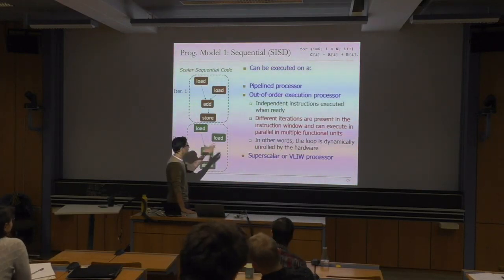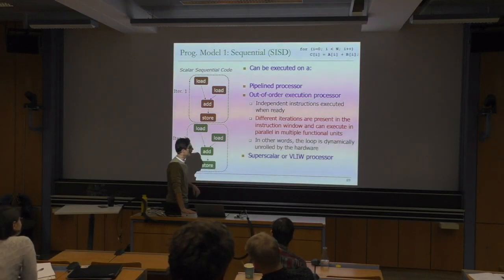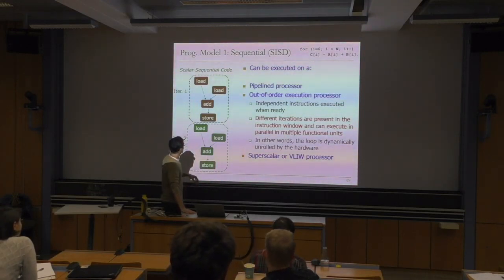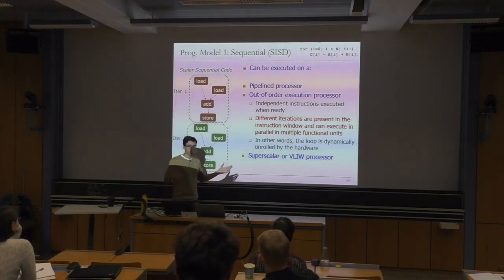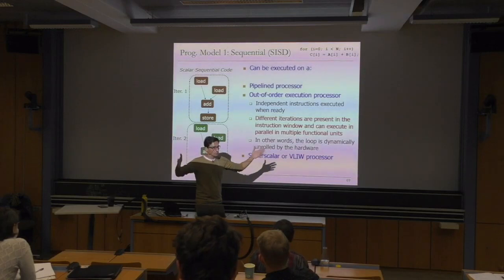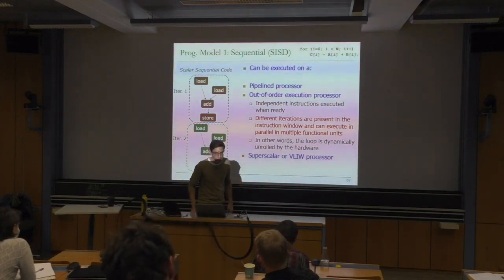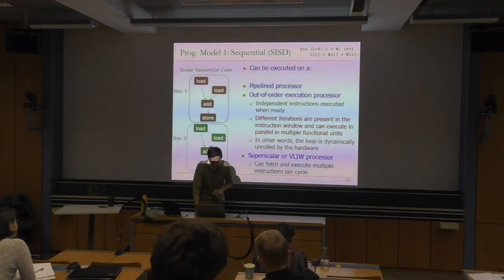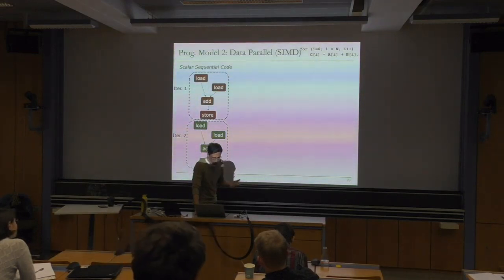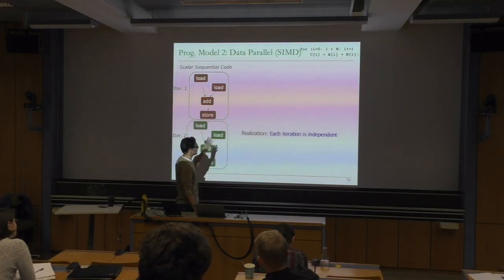And we could also, for example, use a superscalar or a VLIW machine as well, right? For example, these instructions here and those instructions here are independent. We could pack them in the same very long instruction word. Okay, that's for SISD. Now for SIMD. Well, the realization here is that each iteration is independent of each other.